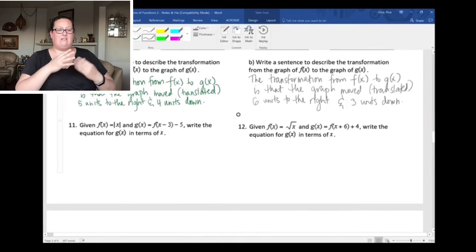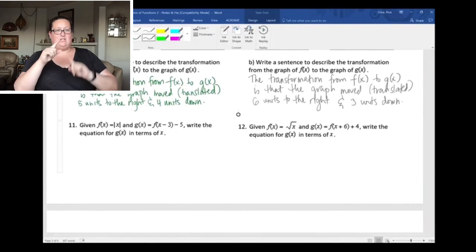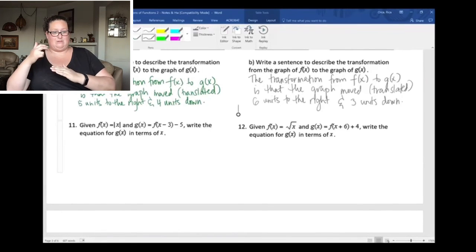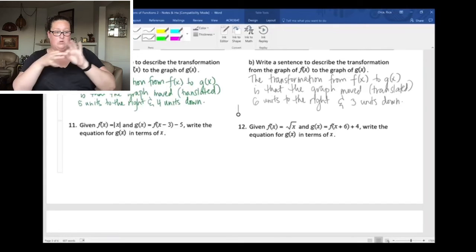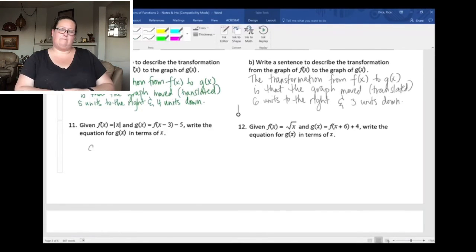Problem 11. Given that f of x equals the absolute value of x and g of x equals f of x minus 3 minus 5, write the equation of g of x in terms of x. So we're just going to turn the f of x minus 3 into an absolute value. We have g of x is equal to f of x minus 3 minus 5.